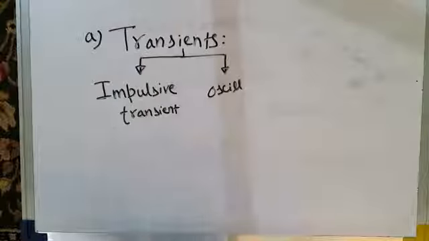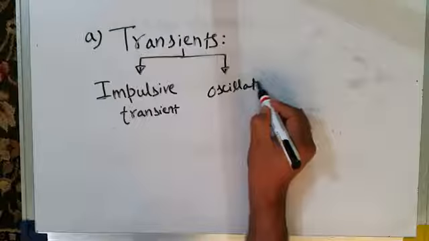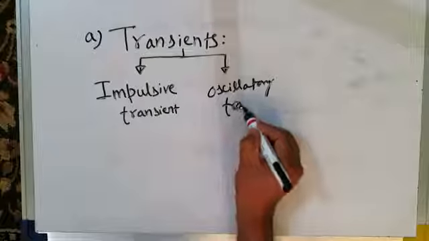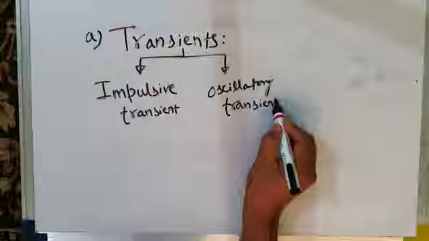These are the two types of transients. Let us discuss them one by one. First of all, we will discuss impulsive transient.